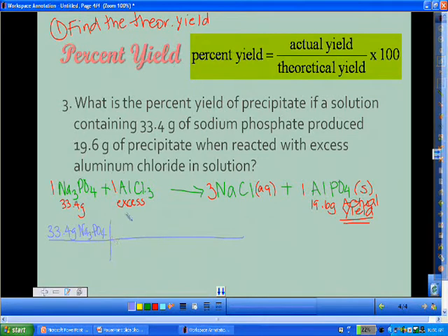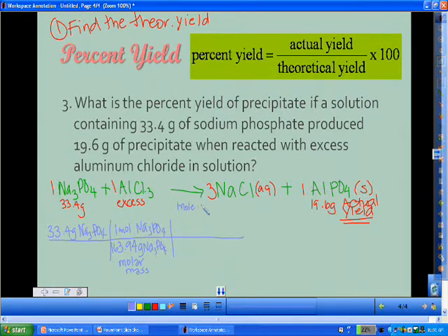So we need to convert grams to moles, so we're going to use molar mass, and sodium phosphate's molar mass has been calculated to be 163 grams of sodium phosphate per 1 mole of sodium phosphate. Once again, that's the molar mass that I have calculated.